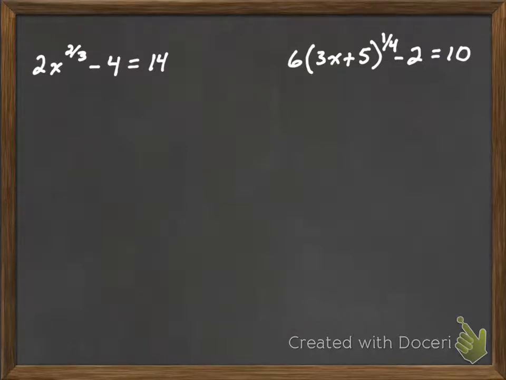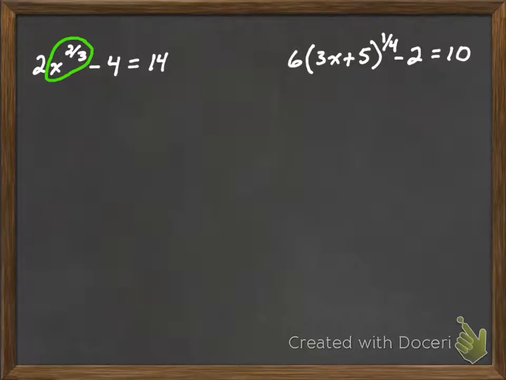All right, let's look at solving equations that have exponents that are rational values. Starting with this first one, what we want to do is isolate the radical part of your problem. The radical part of this equation is x to the 2/3.